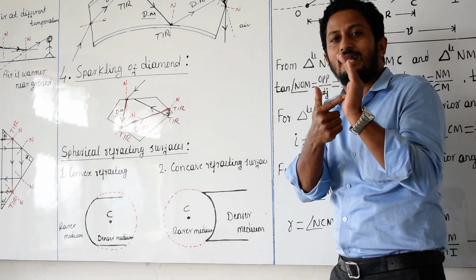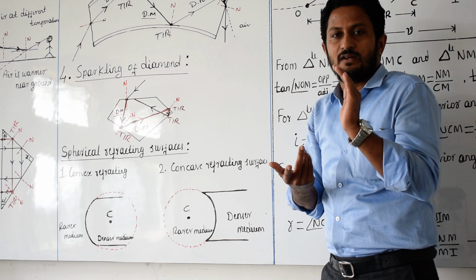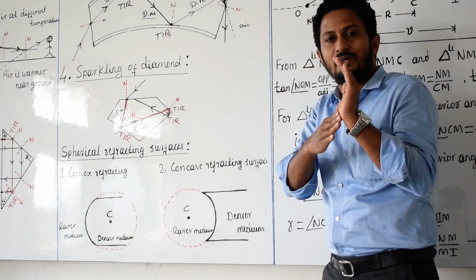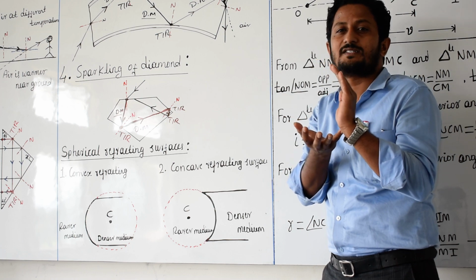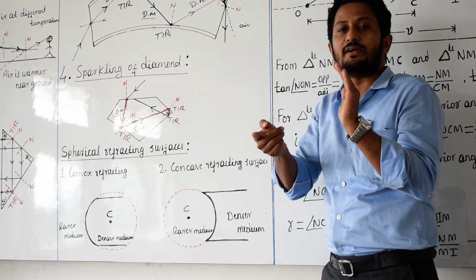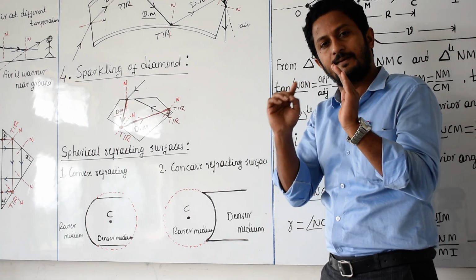So this we also call a spherical refracting surface. A refracting surface which forms a part of an imaginary sphere of transparent material is called a spherical refracting surface.